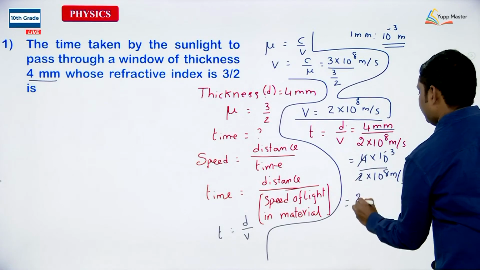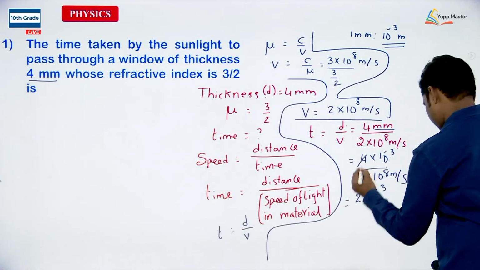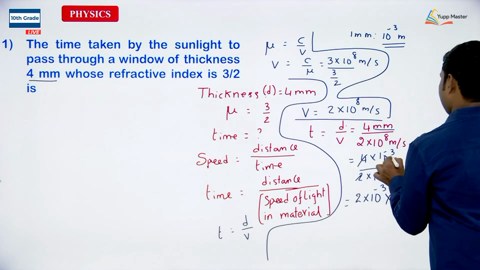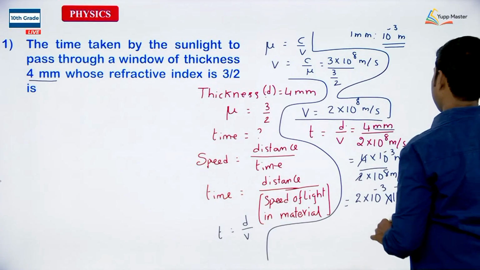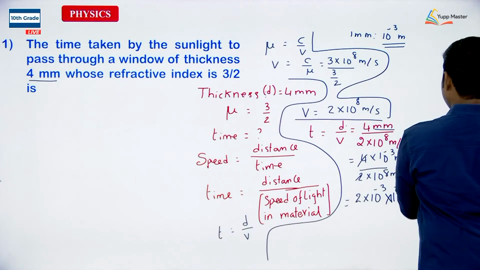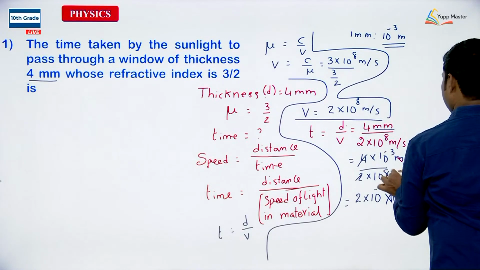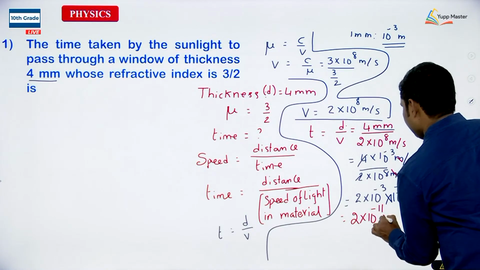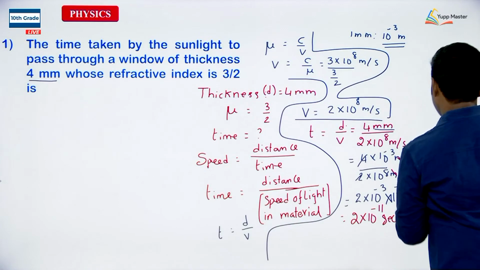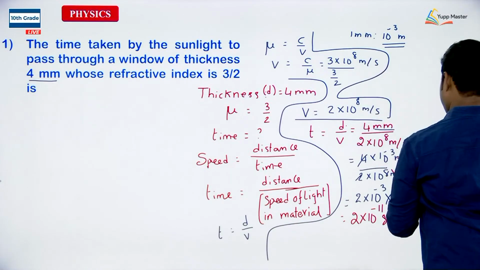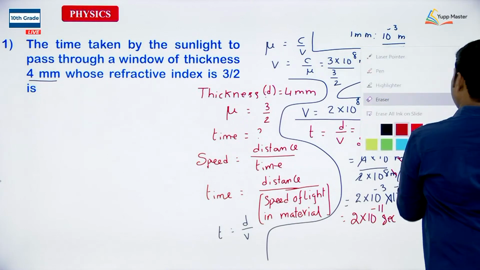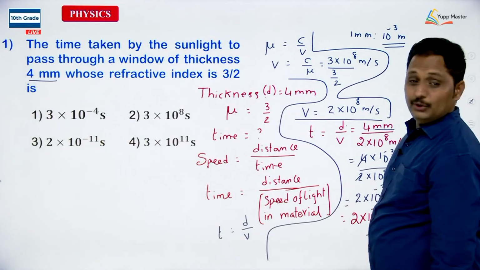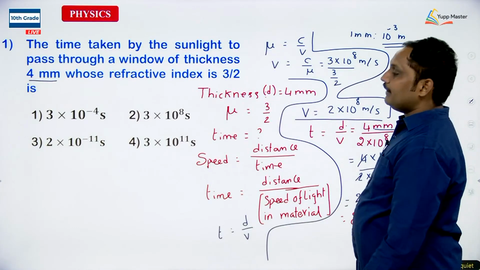You are going to get 2 into 10 power minus 3 into 10 power minus 8 meter. The meter gets cancelled, and you get 2 into 10 power minus 11 seconds. Now you can see the answer: 2 into 10 to the power of minus 11 seconds.